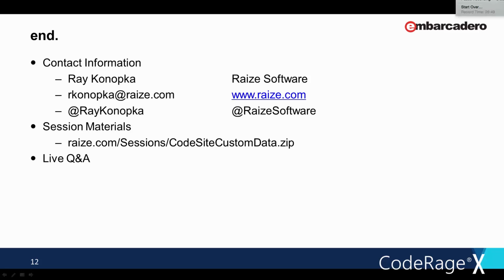How would we handle the inspection of arbitrary JSON data in CodeSite based on your presentation? Well, there's a couple different ways to do that. I did a CodeRage session, I think it was last year or the year before, where I actually used a class helper to send JSON data over. It uses essentially the same technique, except that it added a send JSON method to the CodeSite logger class.